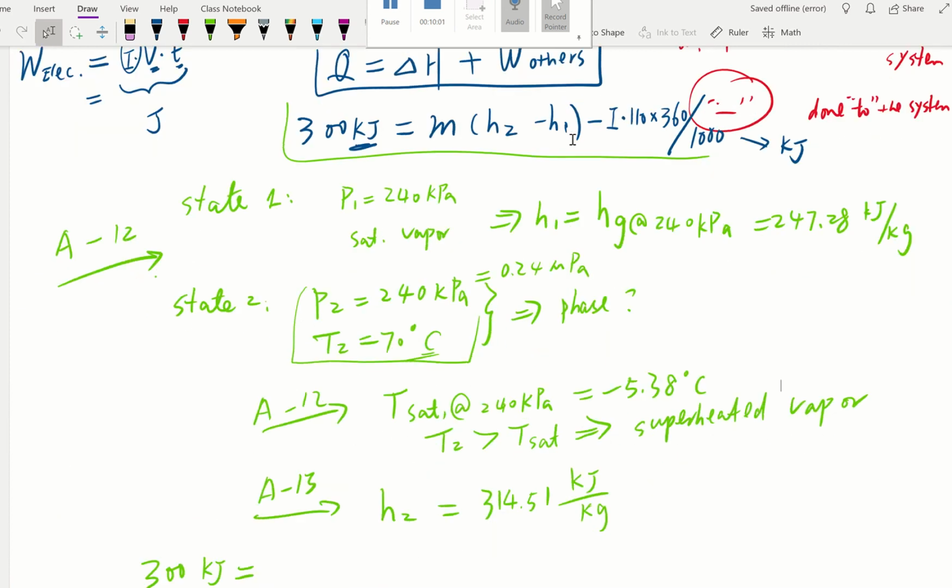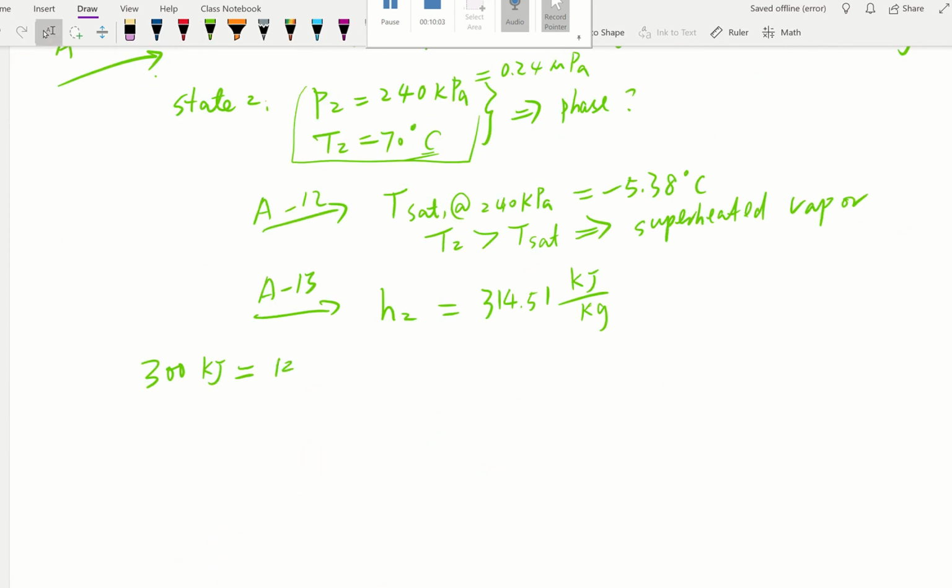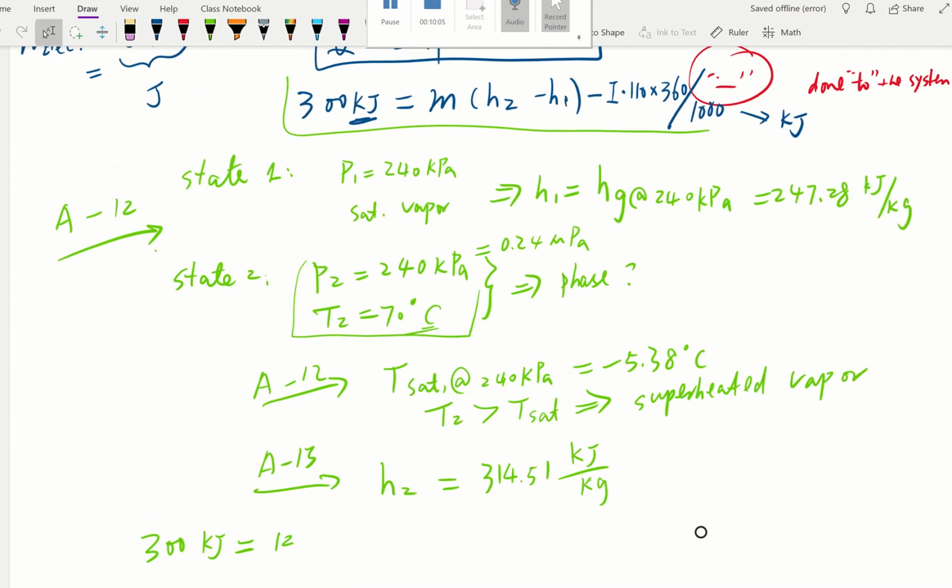Mass is given as 12 kilogram here. So it's 12 kilogram times our H2, 314.51, minus H1, 247.28 kilojoule per kilogram. Then minus I times voltage 110 times 360 seconds.